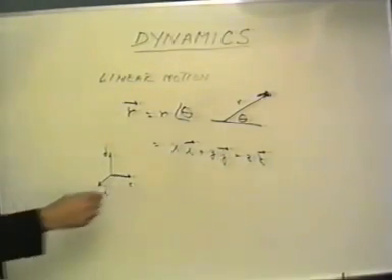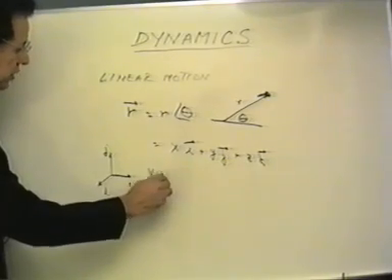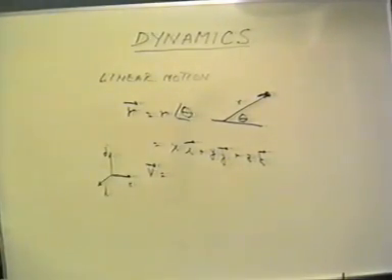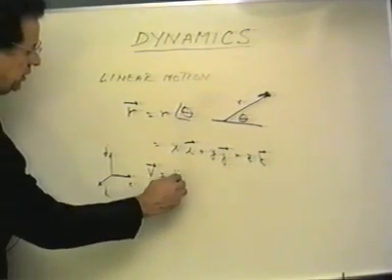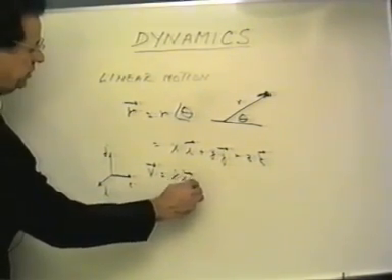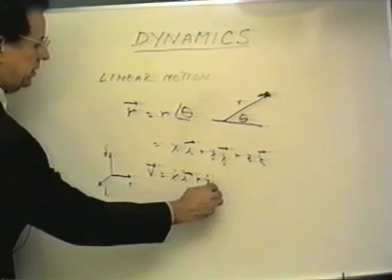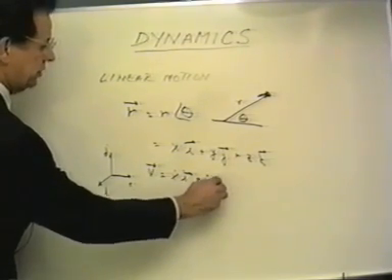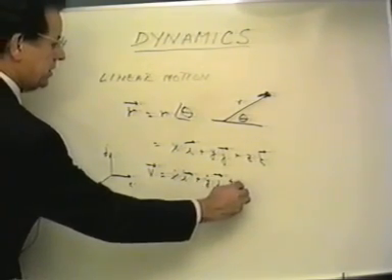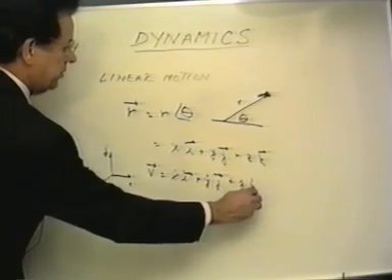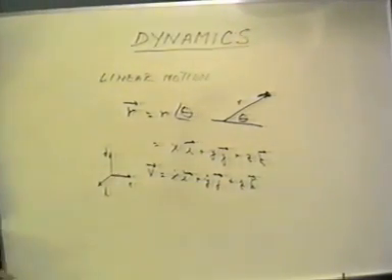Now if we were to differentiate this, we get a new vector, which is the velocity vector v. We'd end up with x dot in the i direction plus y dot in the j direction plus z dot in the k direction, showing there are three components of the velocity corresponding to i, j, and k.